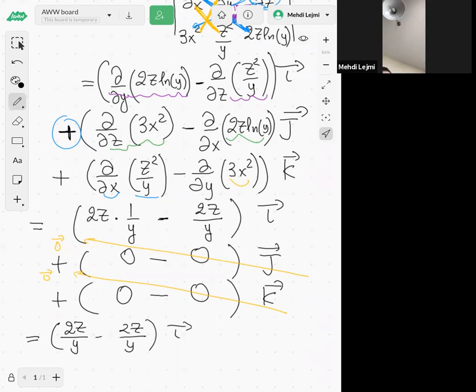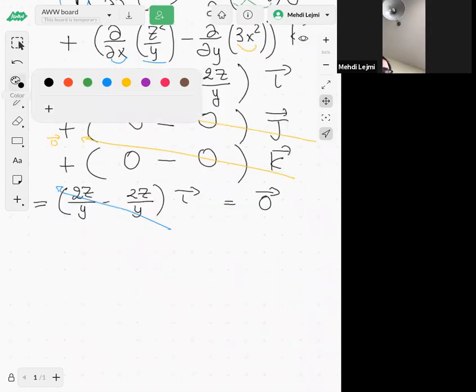Times the vector i, which is 0. So this is just 0, so that will be equal to the vector field. So the whole thing is just the 0 vector. Okay. So the conclusion is that the curl of f is the 0 vector, and so f is conservative.